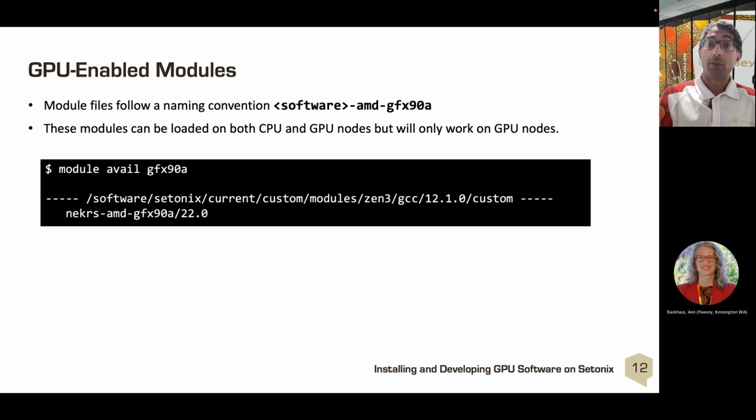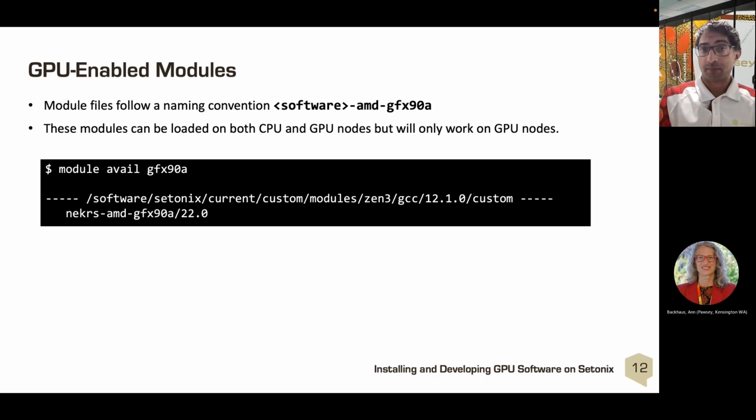Now, there's also GPU-enabled modules. So this is essentially the ever-evolving setup that we have for bare metal builds, essentially optimized builds for the Setonix GPU system. And the naming convention is essentially software under -amd-gfx90a. The gfx refers to the driver for the GPU, and amd just the fact that we have AMD GPUs.